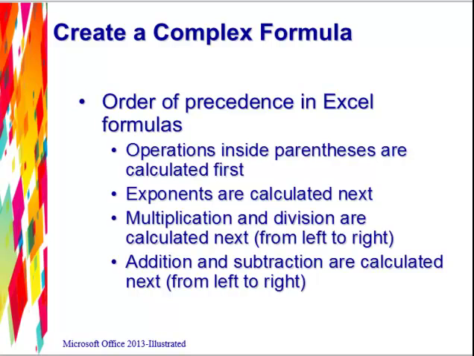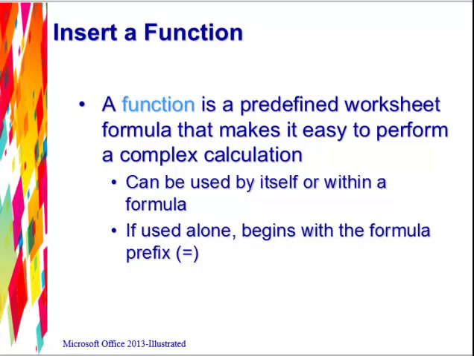Everything is calculated from left to right. And I know there used to be an acronym for that, but I don't remember what the acronym was. I'll have to look that up and put that in the next section of the audio.